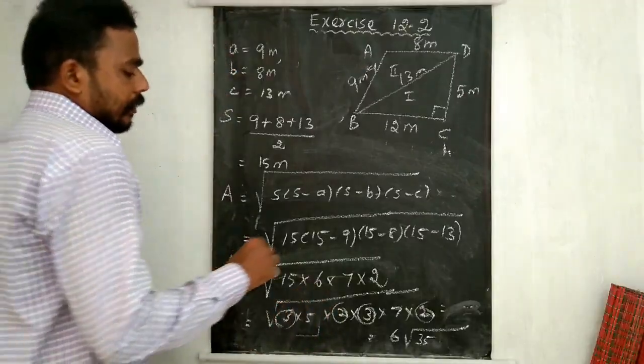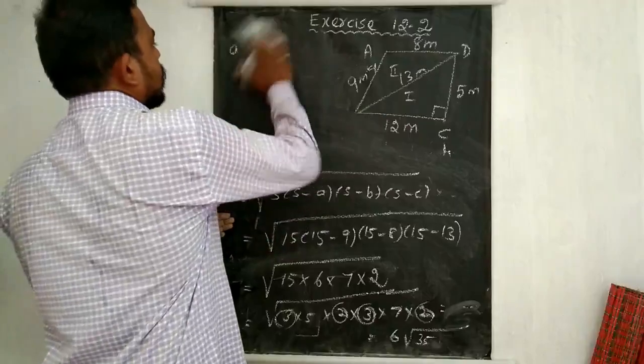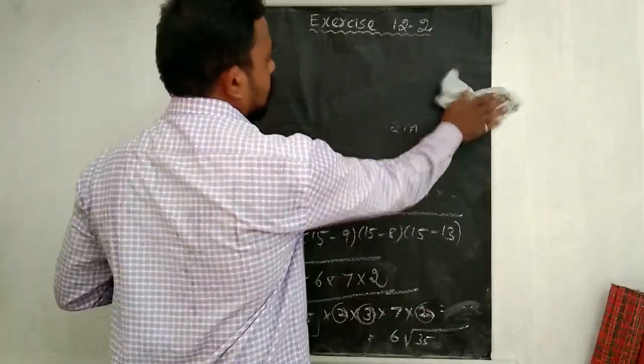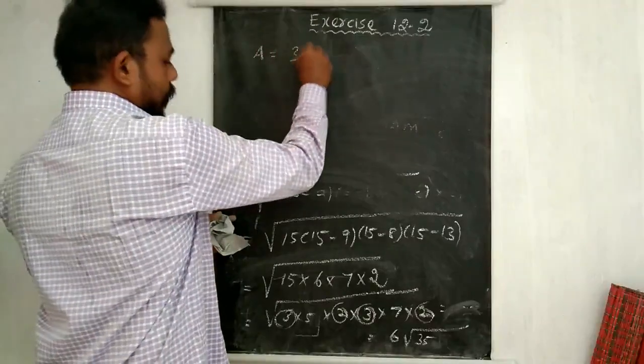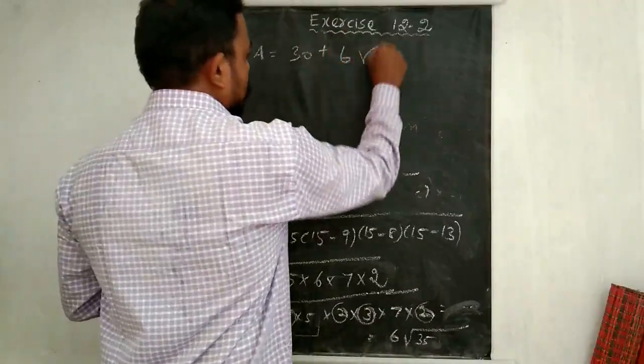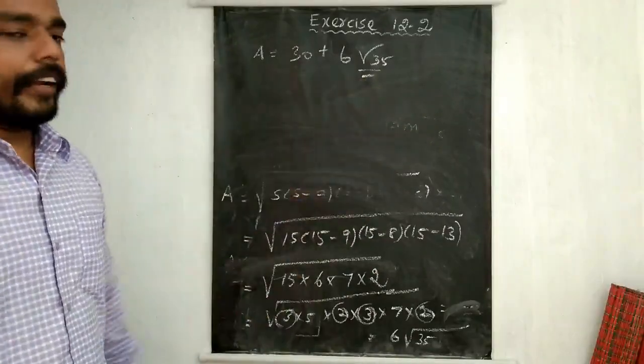Now we need to add these. So how can we add this? Area equals 30 plus 6 root 35. Here it is not possible to add directly, so I am going to find the value of root 35.